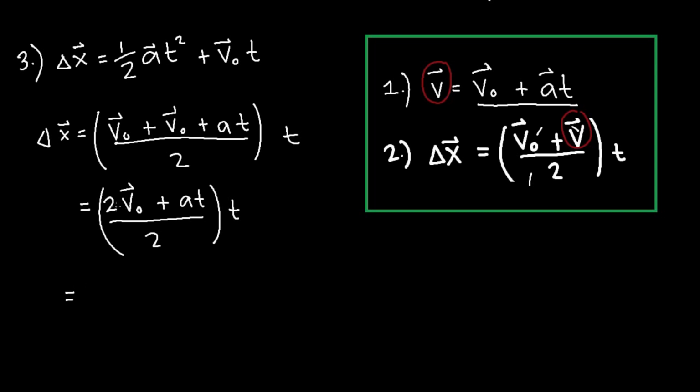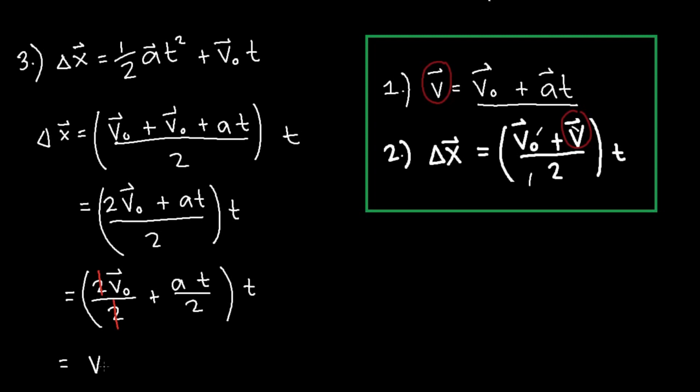So pag atong isa-isahon, 2V0 over 2 plus acceleration times time over 2, times time. So kining 2 over 2 ma-cancel. Tapos i-distribute na nato ang time.